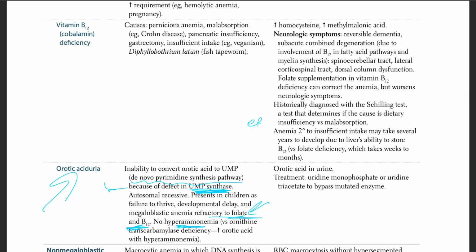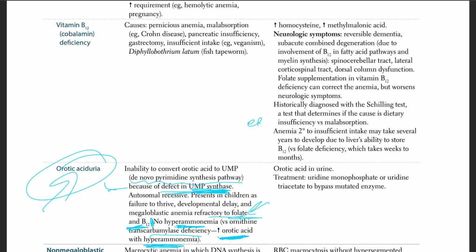Okay, no hyperammonemia, versus ornithine transcarbamylase deficiency, which again also causes an increase in orotic acid, but with hyperammonemia. Okay, very important. So here in orotic aciduria, all you've got is UMP synthase deficiency, or a defect in this UMP synthase.